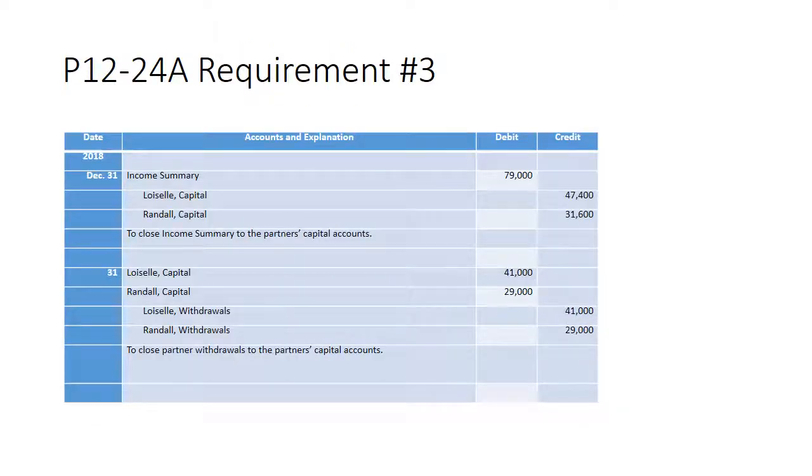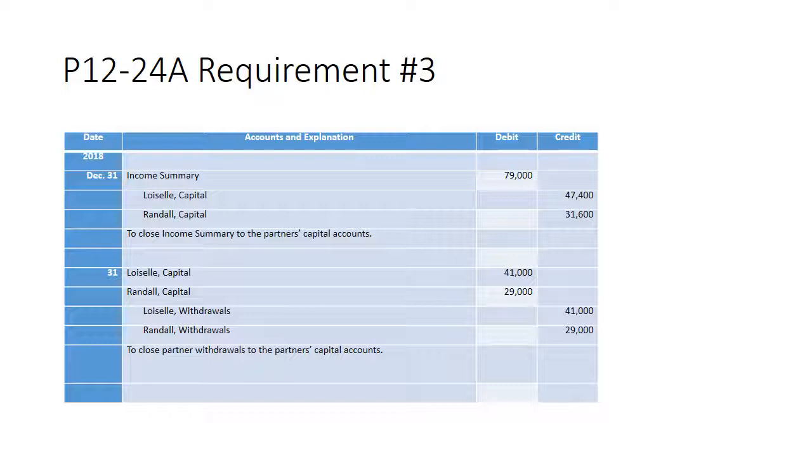In requirement 3, they want us to journalize the closing of the net income to the income summary and the distribution of that net income to the owner's capital accounts, and also the closing of the withdrawals account. And we already defined that the company made $79,000 in net income. 60% of that goes to Loisel.